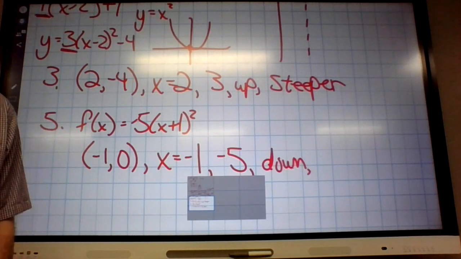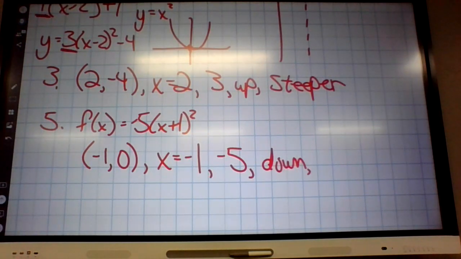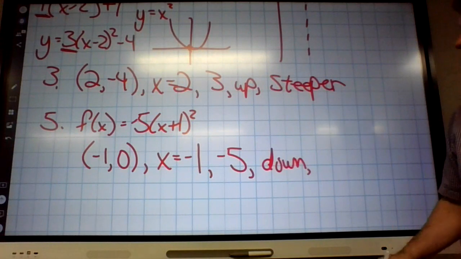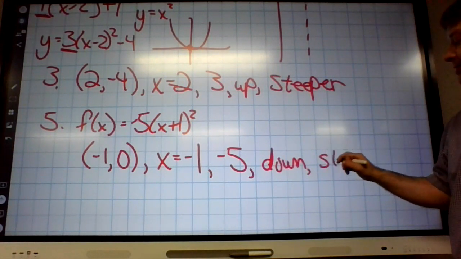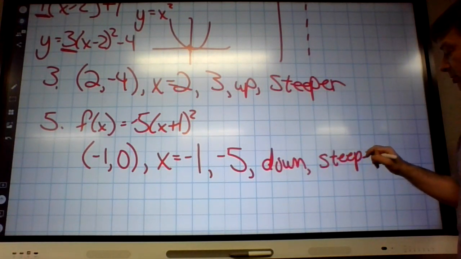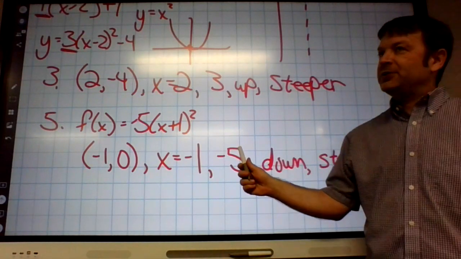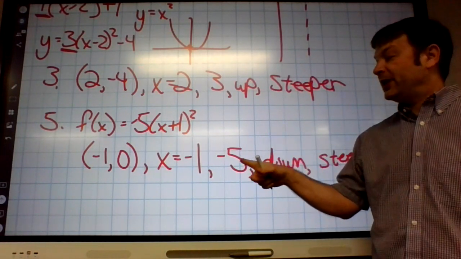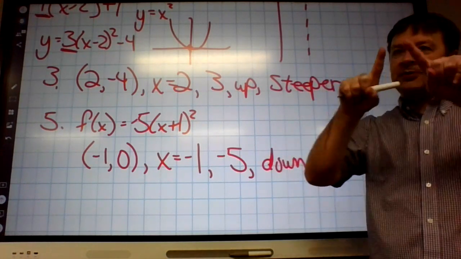And is it going to be steeper, flatter, or the same as normal, Brian? Steeper. Why is it steeper? Because the 5 is going to make it go 5 times as fast. So it's going to go down really fast, 5 times faster than normal.